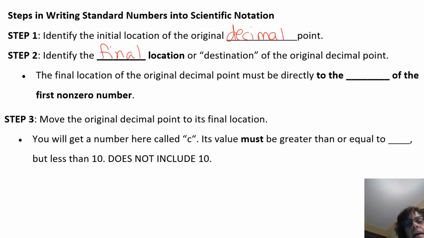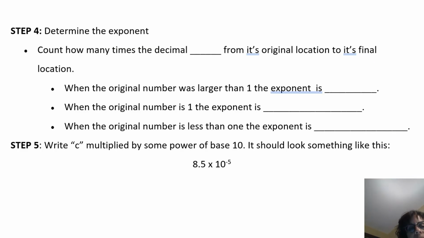The final location of the original decimal point must be directly to the right of the first non-zero number. Then you're going to move the original decimal point to that location. You will get a number here called c. Its value must be greater than or equal to 1 but less than 10, but does not include 10.